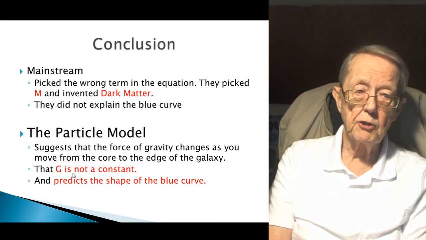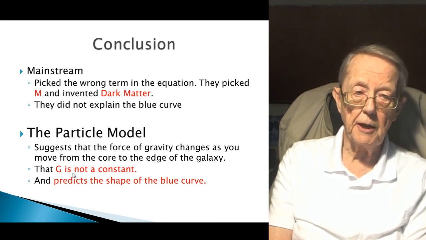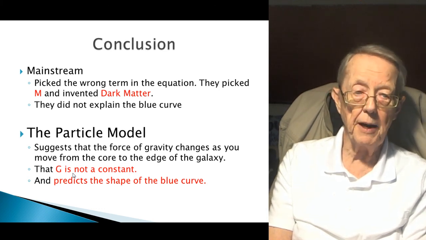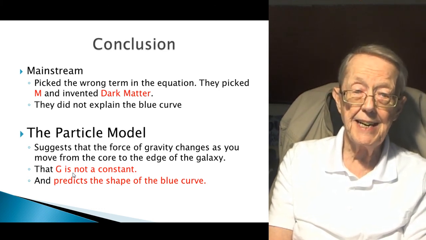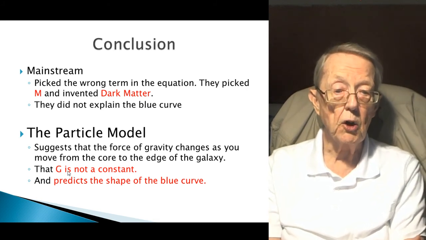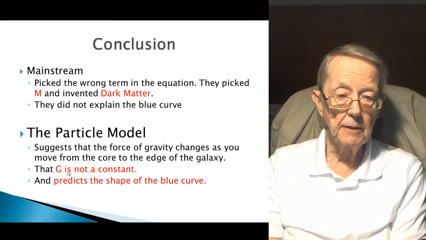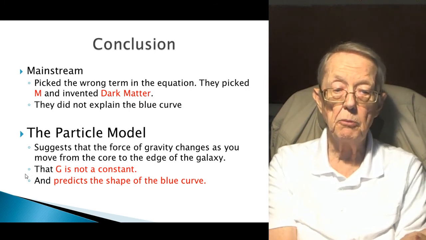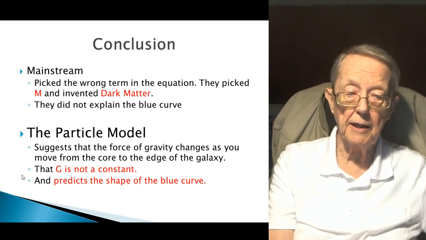Conclusion. Mainstream picked the wrong term in the equation. They picked M as something that had to increase, and they invented dark matter. And they did not explain the blue curve one bit. The particle model suggests that the force of gravity changes as you move from the core to the edge of the galaxy.